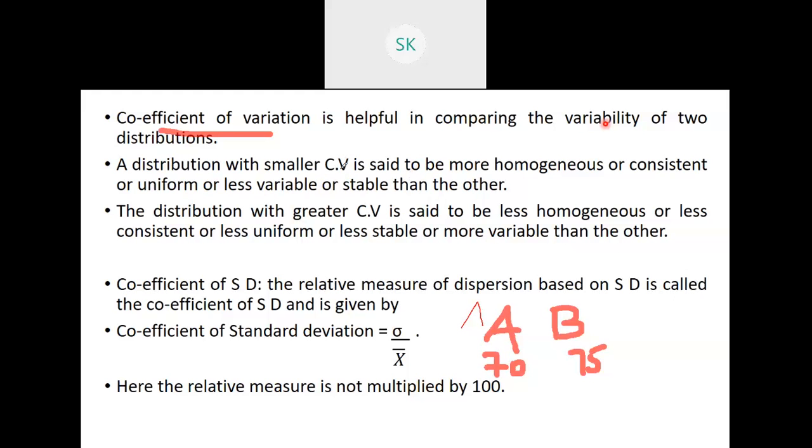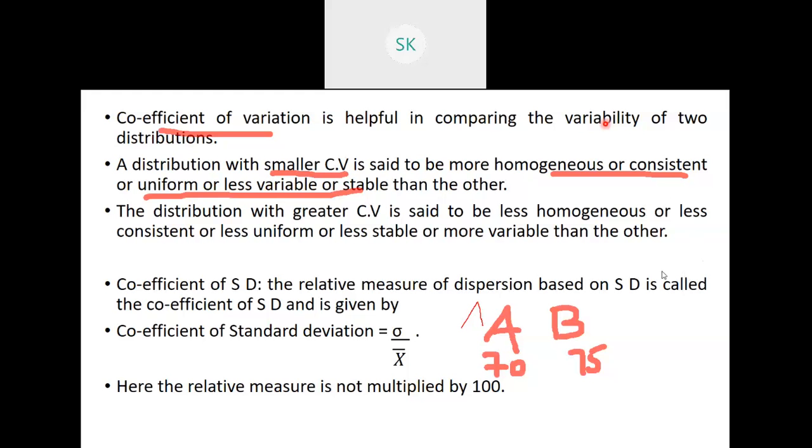So the distribution with smaller CV is said to be more homogeneous, consistent, uniform, less variable or stable. What they are saying is that the situation must become normal. Once the situation is normal, then only you will be able to make your decisions better. That is the major point.